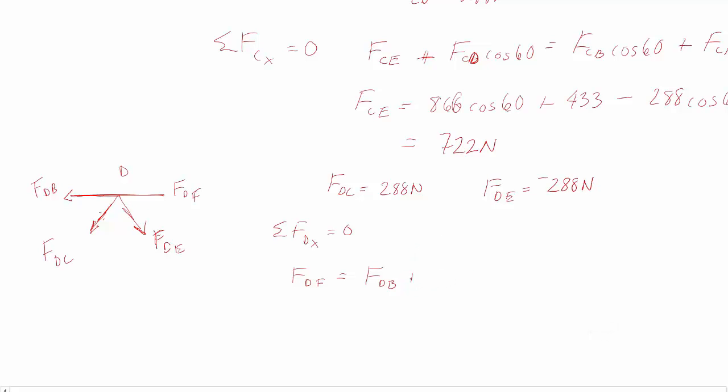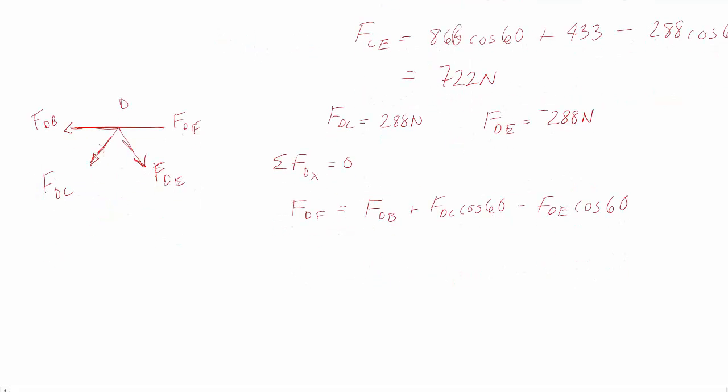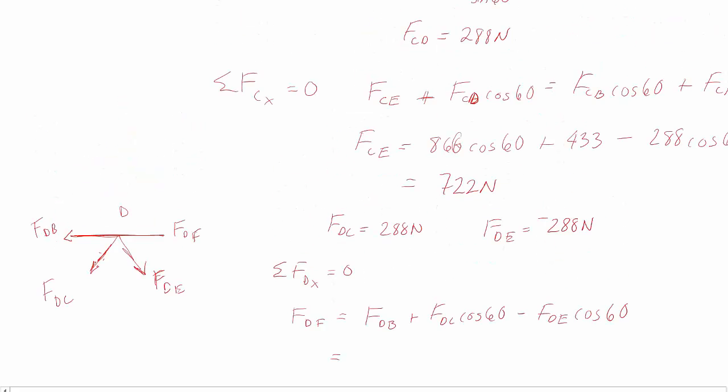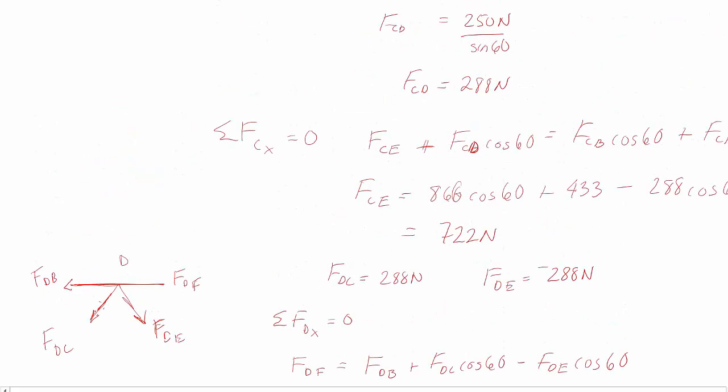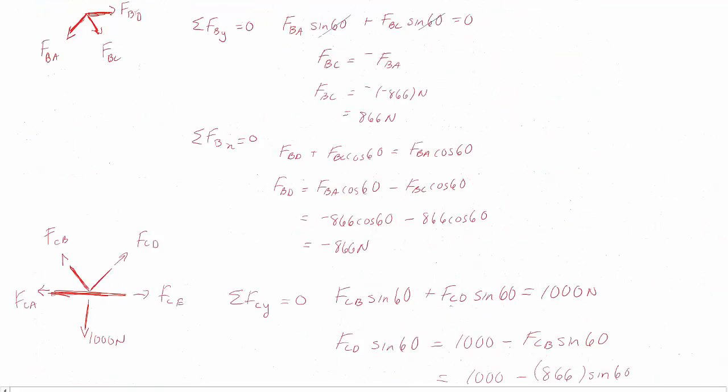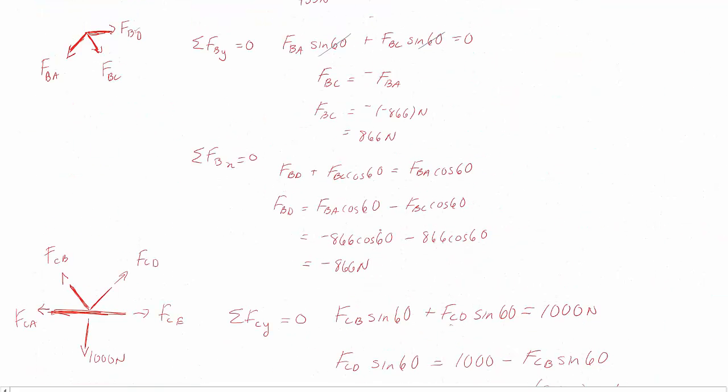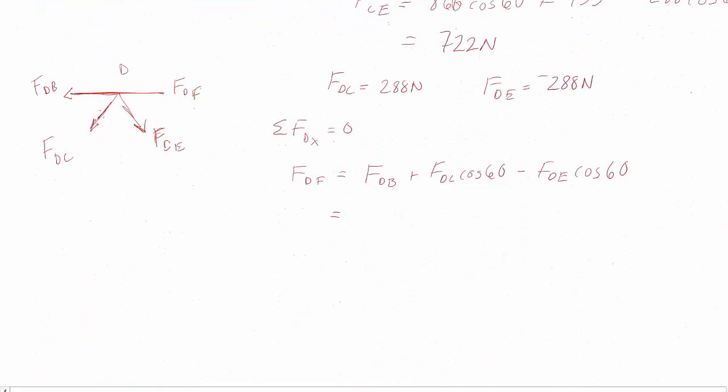FDB plus FDC cos 60 minus the horizontal component of that, FDE cos 60. So FDB we found out up here was negative 866.